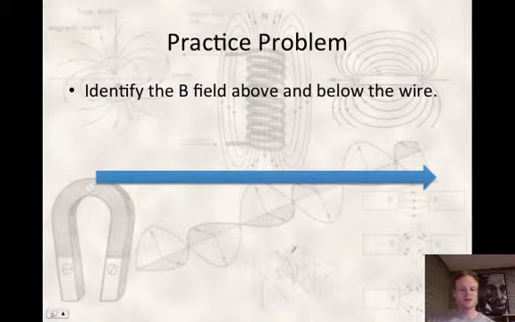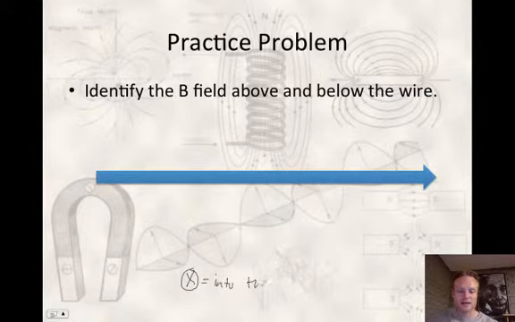So to show that the B field, or the magnetic field, may be going into the page or into the screen, we in physics use this type of annotation where it's an X with a circle around it. This is into the page.